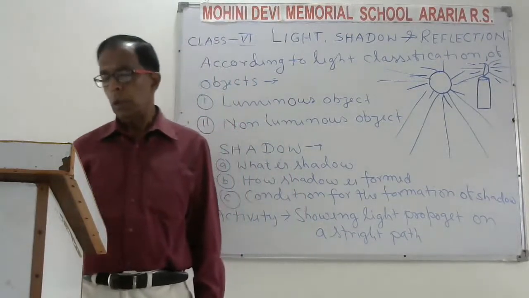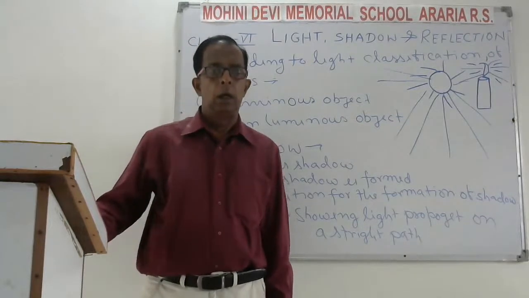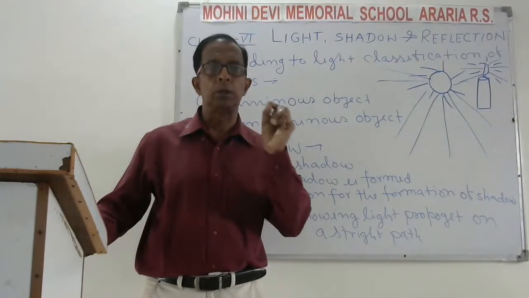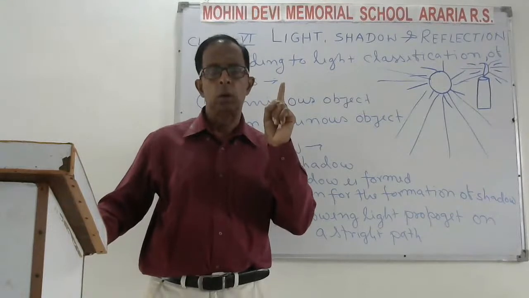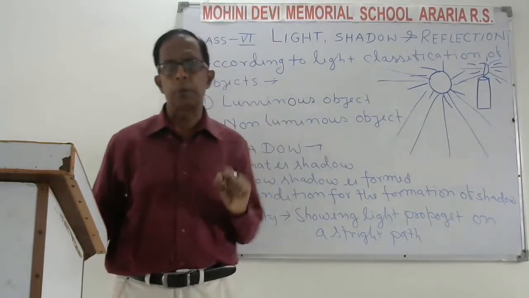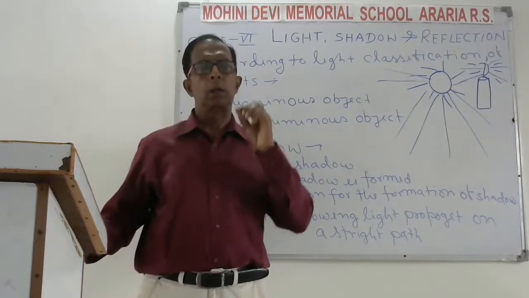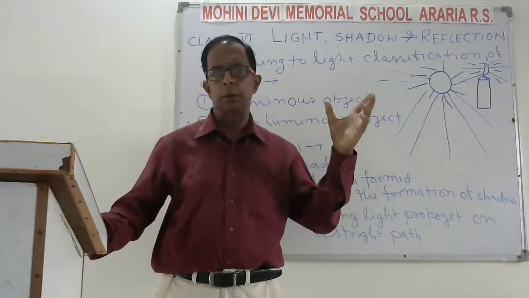Now, a phenomena of light. What? Light propagates on a straight path. I have taught you in the first session of this chapter the special characteristic of light, that light propagate on a straight path.